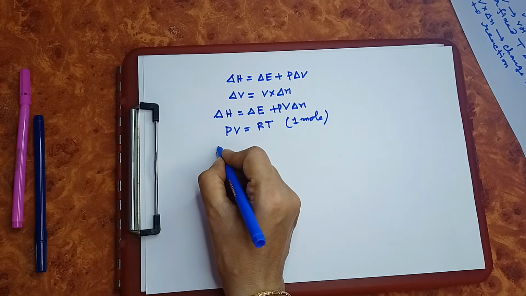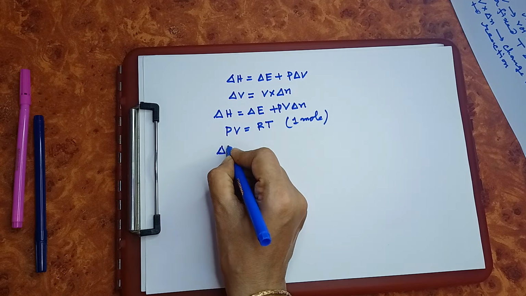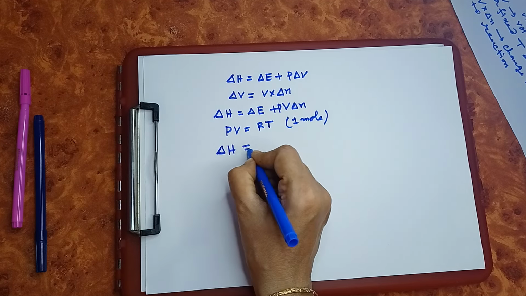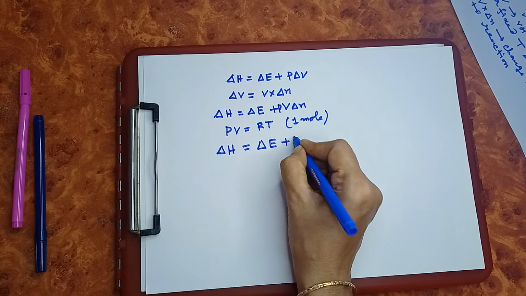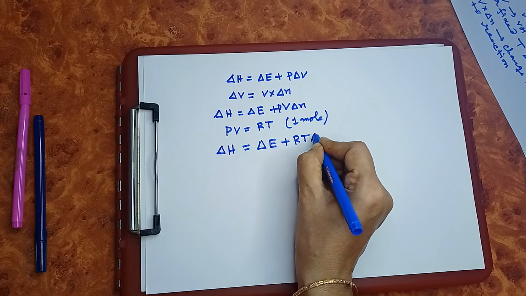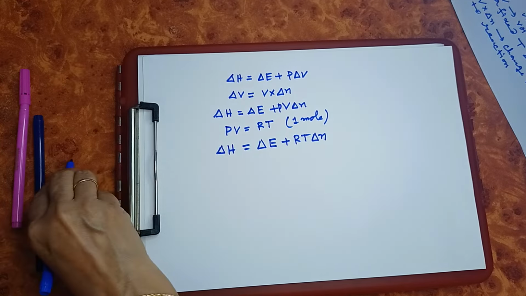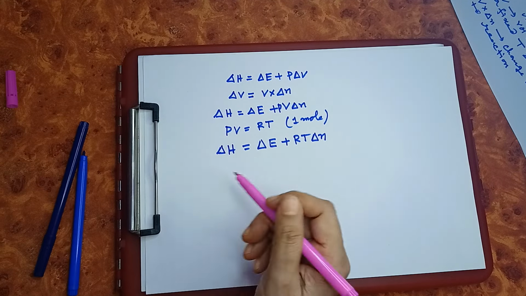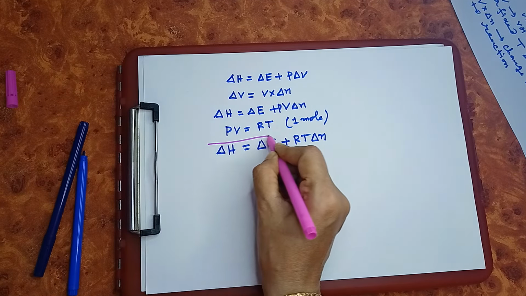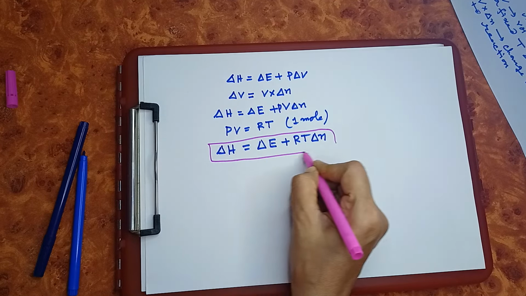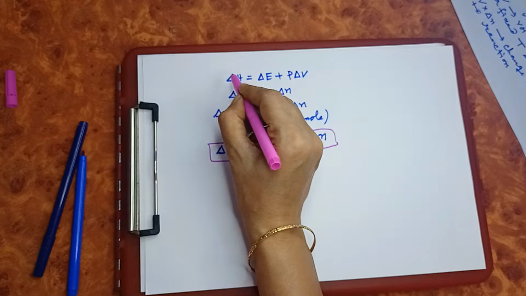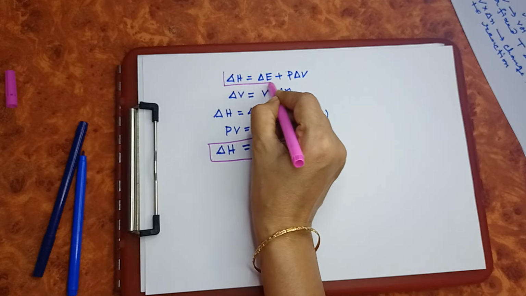So delta H is equal to delta E plus RT delta N. This is the relation between the heat of the reaction at constant volume and constant pressure.